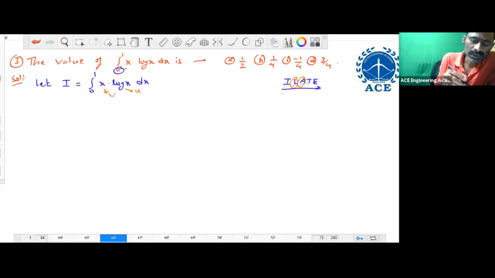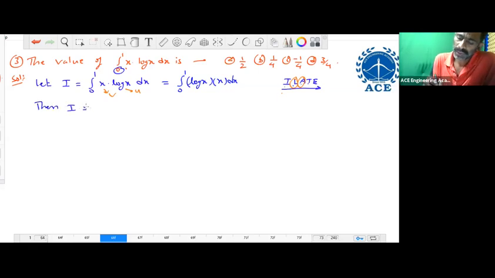Or we write this as integral 0 to 1, log is first function, x is second function, like this, UV. Then apply the integration by parts formula. First function log x into integral of x, which is x squared by 2, from 0 to 1, minus integral 0 to 1, log's derivative is 1 by x, into integral of x, which is x squared by 2, dx.